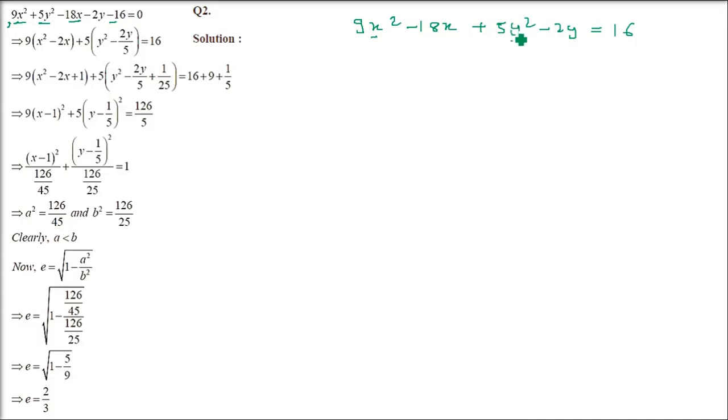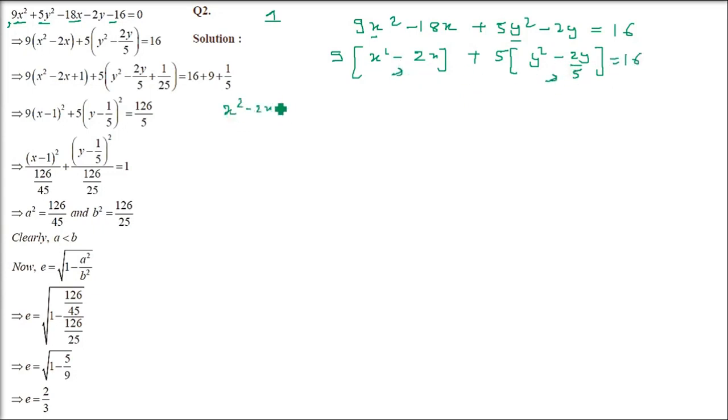We have to make the coefficient of x square and y square unity. So I'm taking 9 outside, it will be x square minus 2x. And then plus 5 you take outside, y square minus 2 by 5 y. Now 5 you have taken out, so you have to divide it by 5. Equals 16. Now make these two perfect squares.